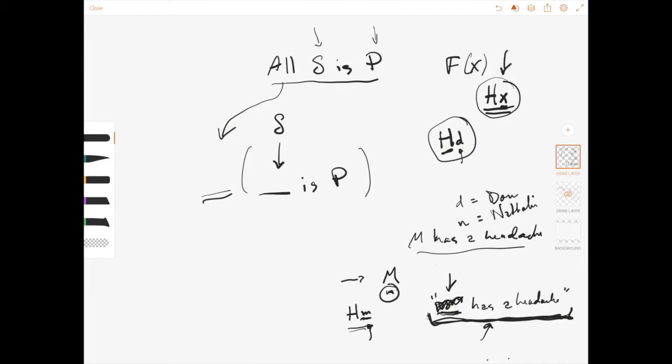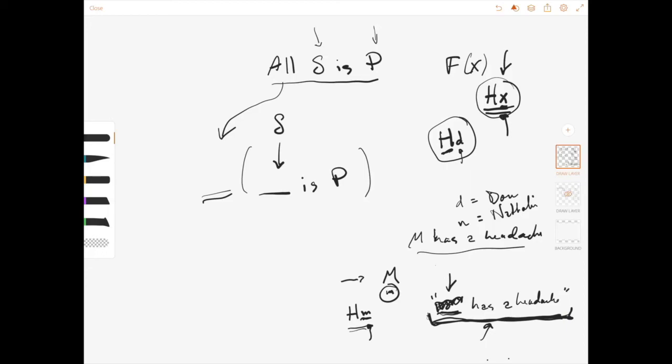So remember, because it's a variable, it's like if I said to you, I have x plus $2 in my pocket. I mean, that could mean anything. We don't know what x is, and we don't know how to assign a value to it. So H of x merely means "blank has a headache," where the x is a placeholder for a value that belongs there. In other words, there has to be a domain for these things that go in for x.